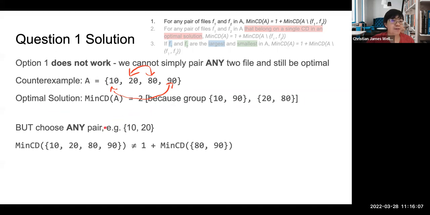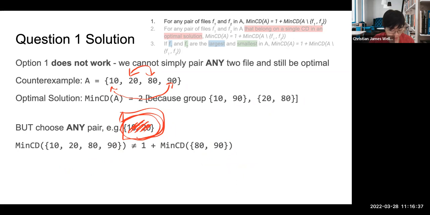But if you choose any pair, the question says that it's legal for me to choose 10 and 20 together. So if I choose 10 and 20 together and put them in the same CD, then the minimum CD of this set is not equal to 1 plus the minimum CD of {80, 90}. {80, 90} is the set without 10 and 20.